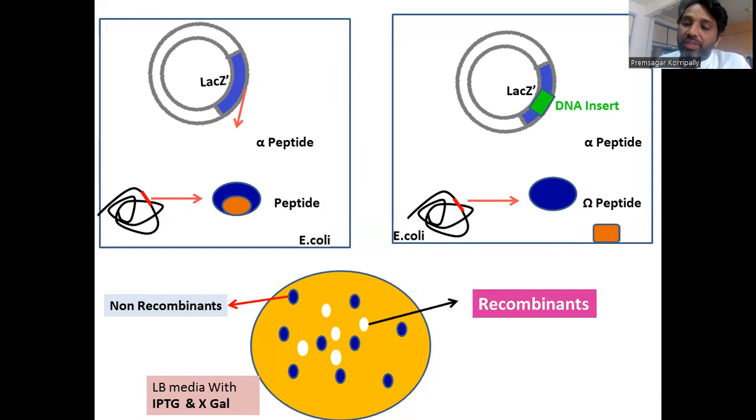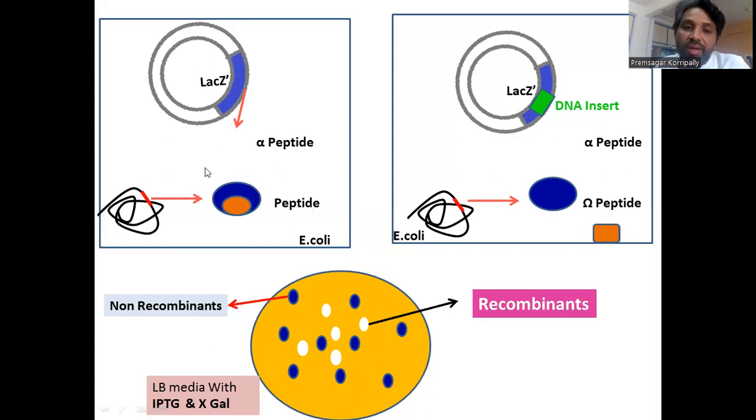So recombinants don't have functional alpha peptide because of insertion of a gene. Then it cannot associate with the omega peptide. There is no formation of functional beta galactosidase, and because of lack of the beta galactosidase, it cannot hydrolyze the X-gal to form galactose and indole. Then there are no blue colonies.